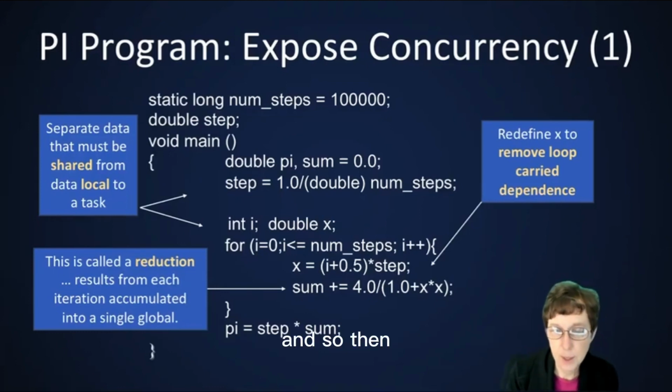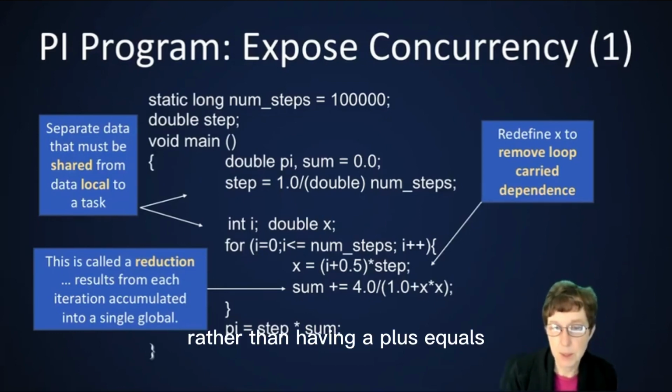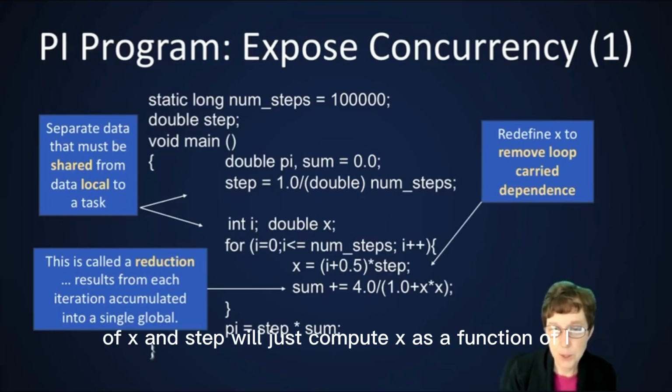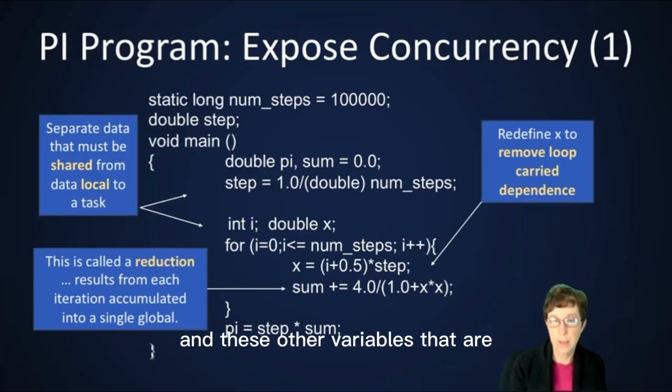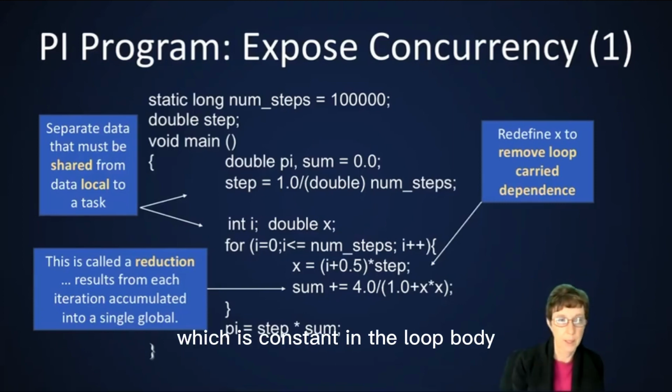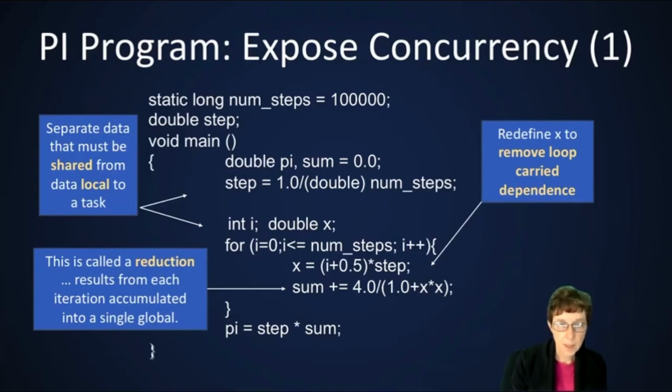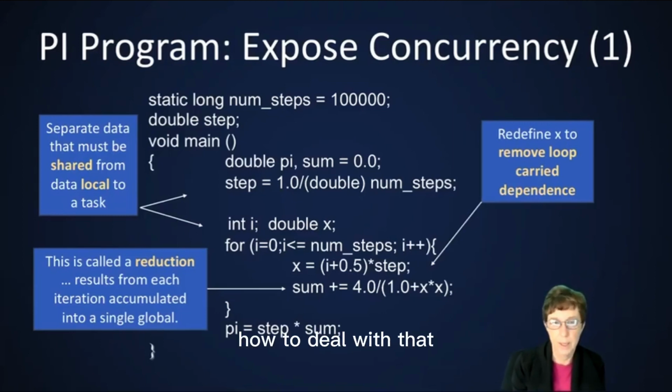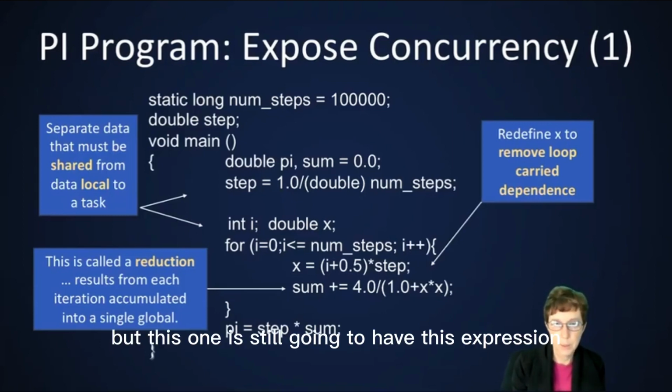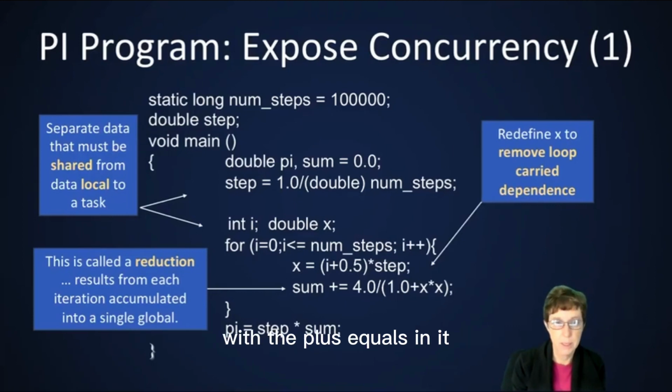So rather than having a plus equals of x and step, we'll just compute x as a function of i and these other variables that are constants: 0.5, and then step, which is constant in the loop body. Then we're going to do something different with sum, which is to think of this as a reduction. We'll have to worry about how to deal with that a little bit later, but this one still has the expression with the plus equals in it.